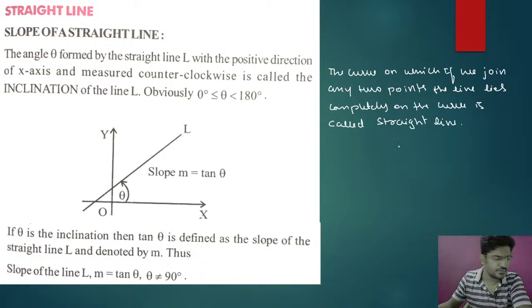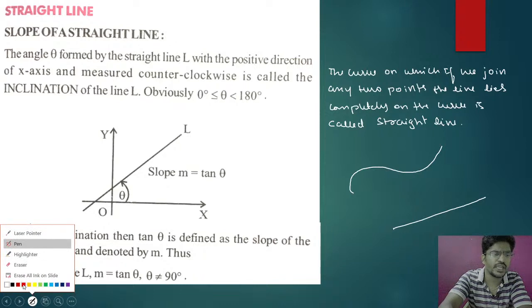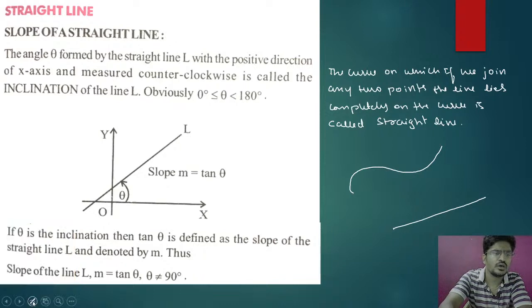That means if you have any two curves like this, you choose any 2 points on the curve and try to join them. So here I will take 2 points on this curve.